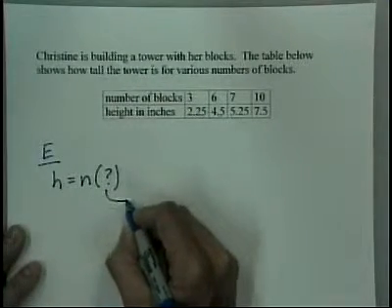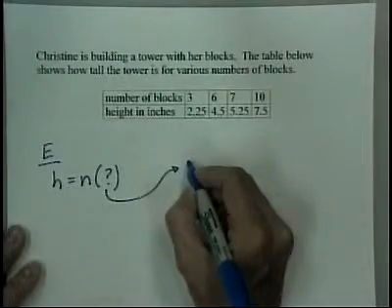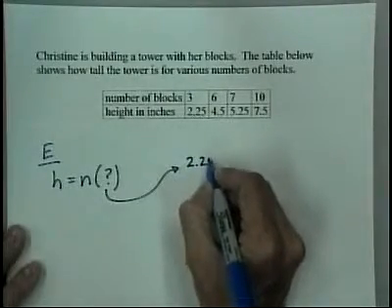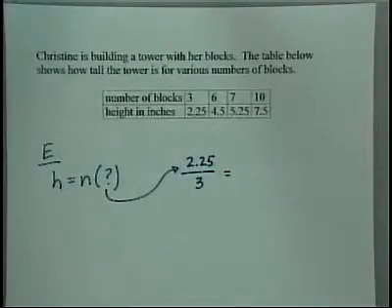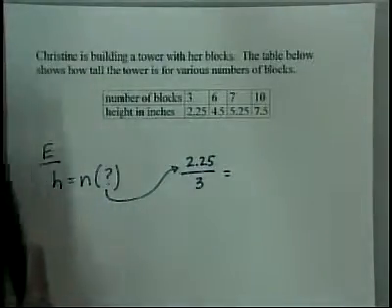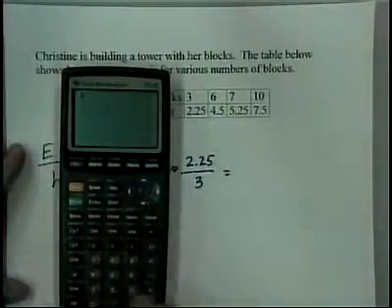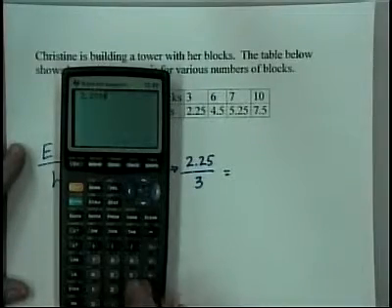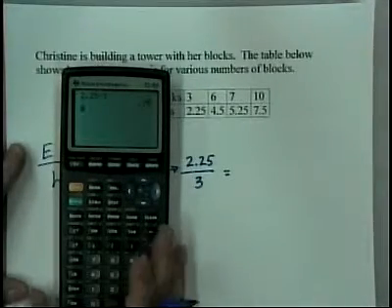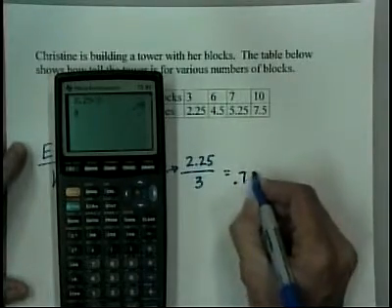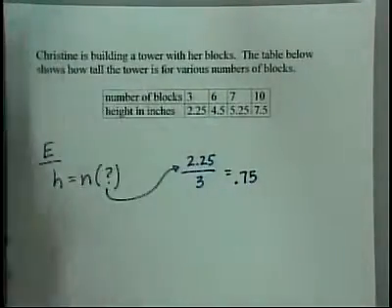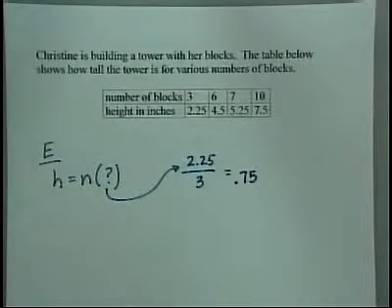To find the height of 1 block, we take the total height of 3 and divide that by 3 blocks. Using a calculator, we take 2.25 divided by 3 and the answer comes out to 0.75. That's the height of each block.